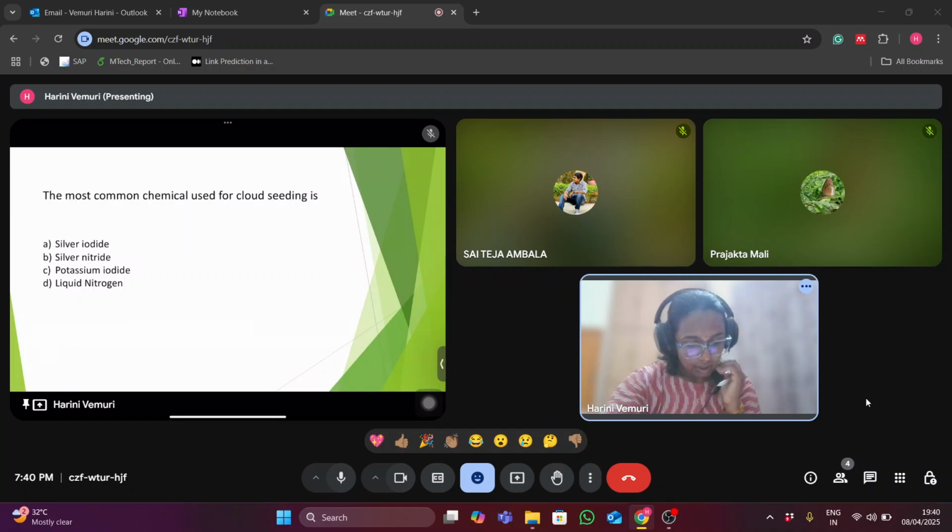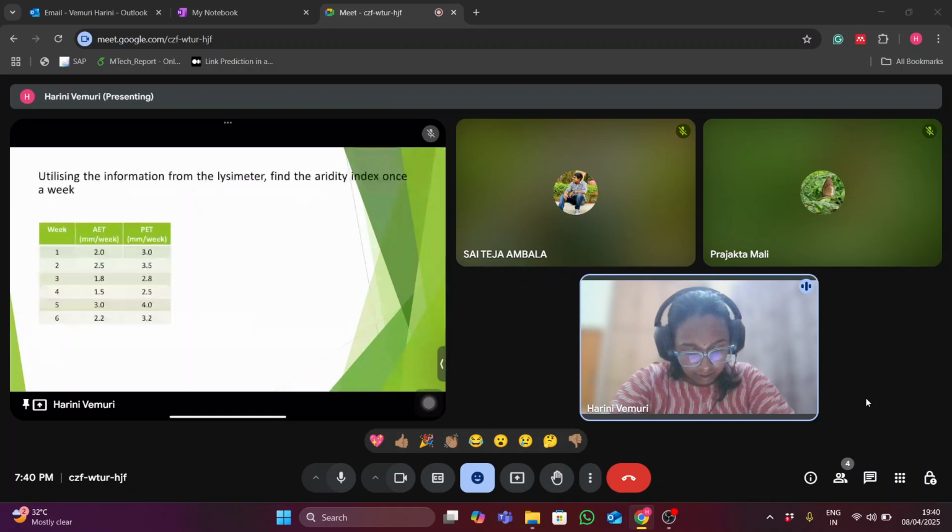Here they are asking us, utilizing the information from the lysimeter, find the aridity index. Aridity index is defined as (PET minus AET) by PET into 100. They have given the values of PET and AET.